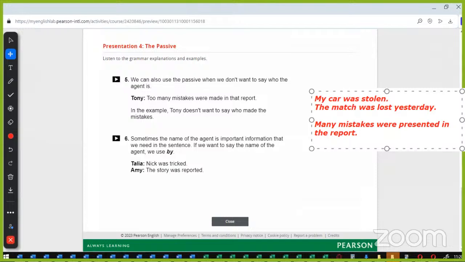Let me think of another example here. Okay. Can you think of an example where you wouldn't want to say who the agent is?